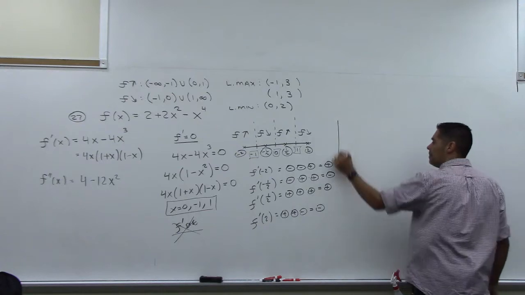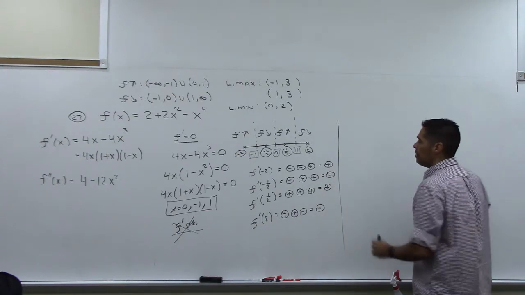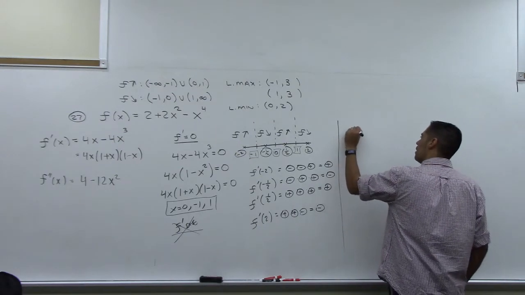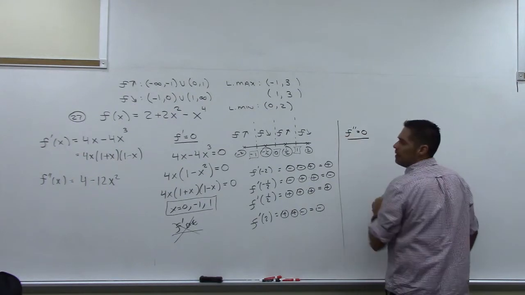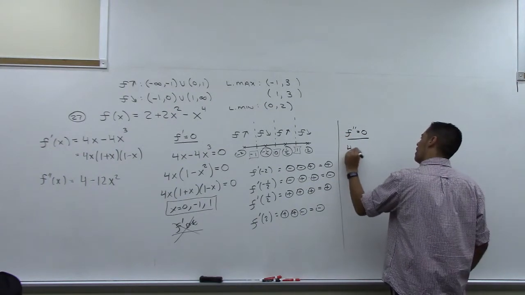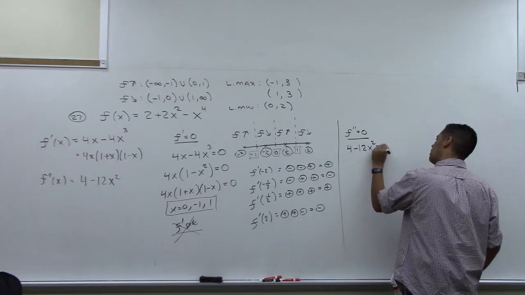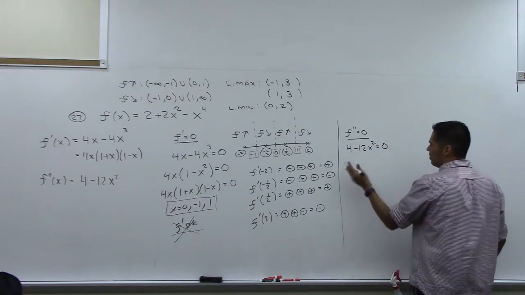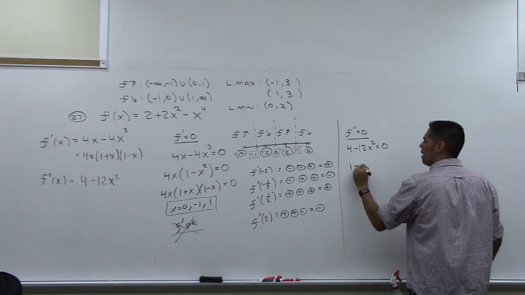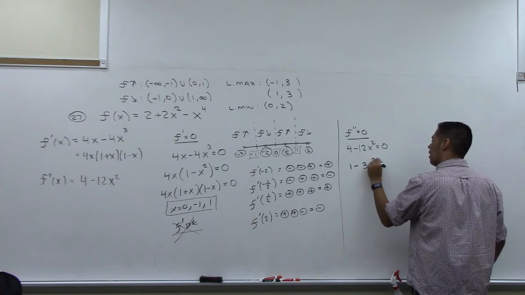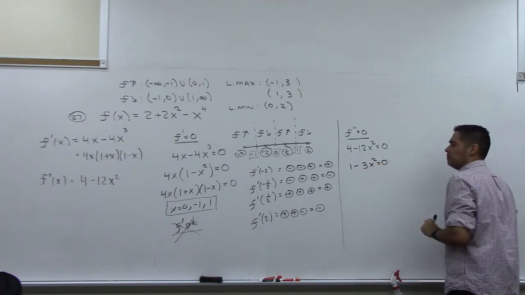All right. So far, so good. Now we're going to do the same thing we just did, but we're going to do it on the second derivative. So the second derivative equals 0 is 4 minus 12x squared equals 0. I can just divide everything by 4. 1 minus 3x squared equals 0.